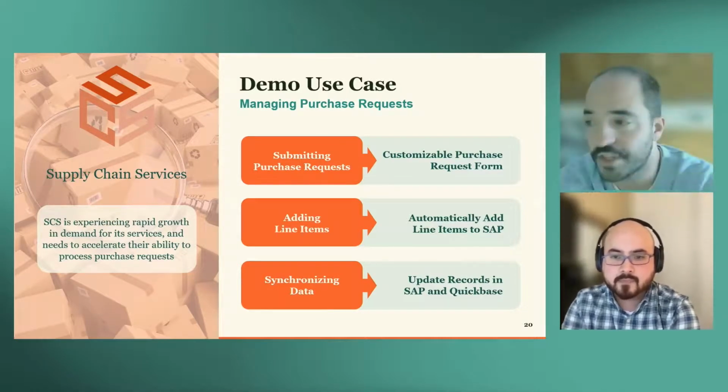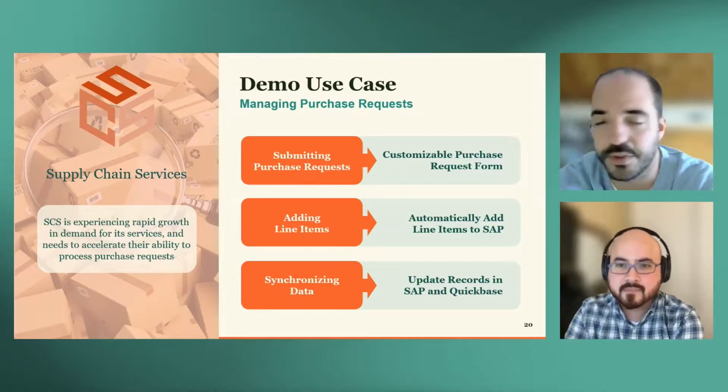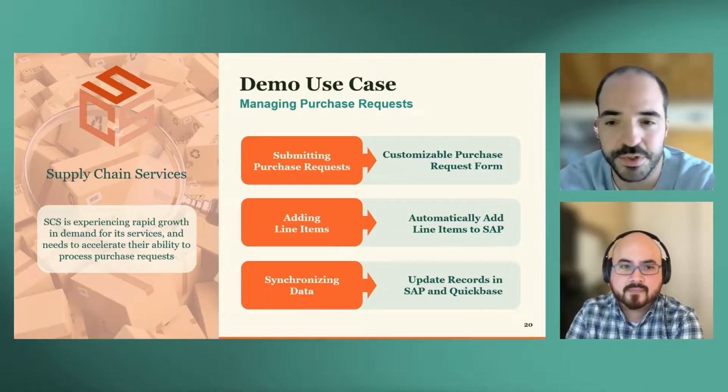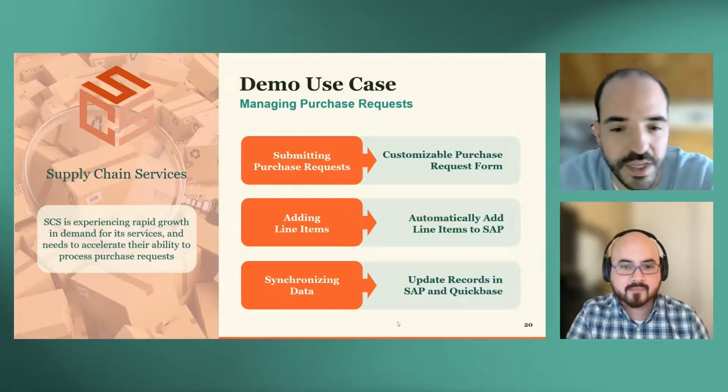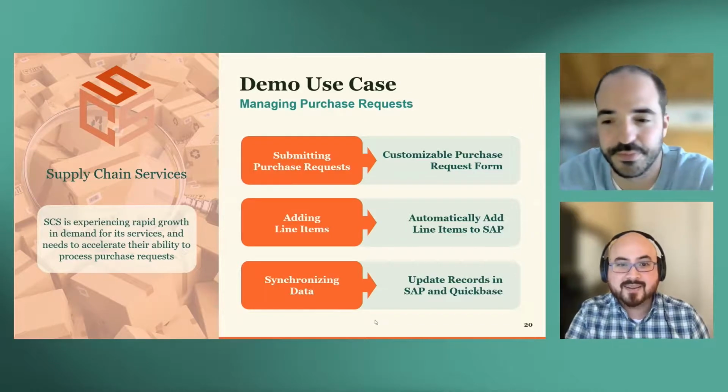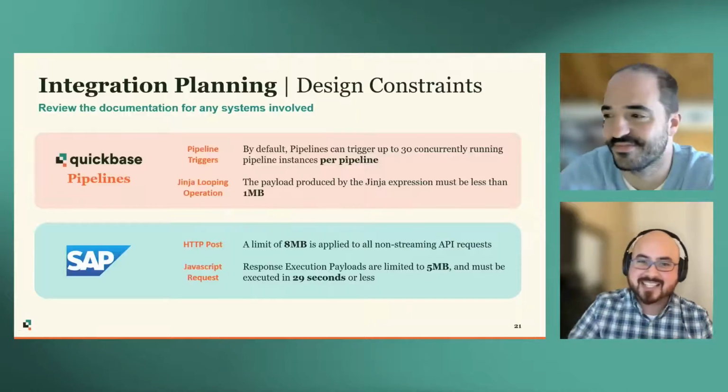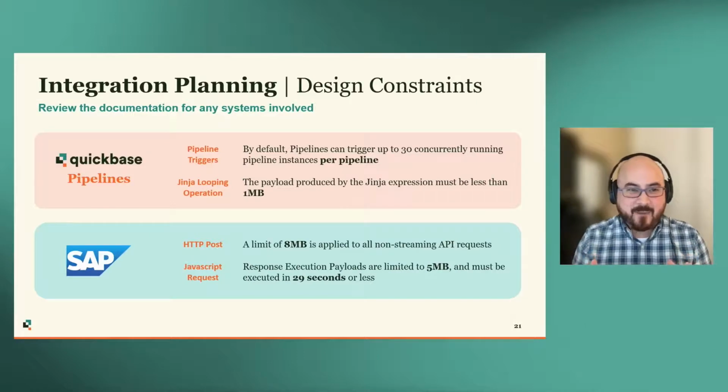All right, I'm itching to get into it and share how we're going to help supply chain services streamline this purchase request process. But before I jump in, is there anything else that might trip us up before we get into the process? Ooh, I'm glad you asked. This is a meaty one. It's a little bit, I would say, unnecessary when you're going through your initial planning.